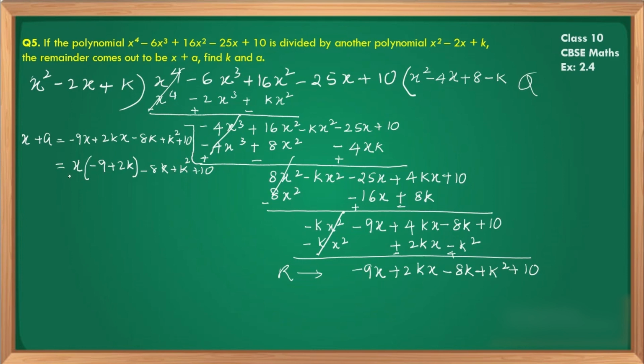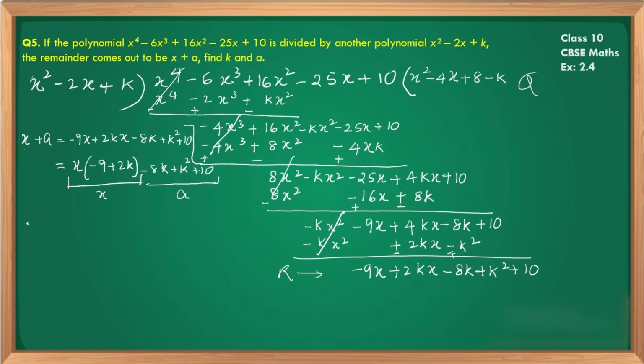Now be careful to sort out this way, that up to here it is equal to this x, and after this portion, this is another term which is equal to a. Now we have to compare x with this and a with this.